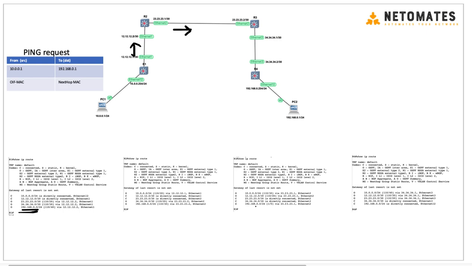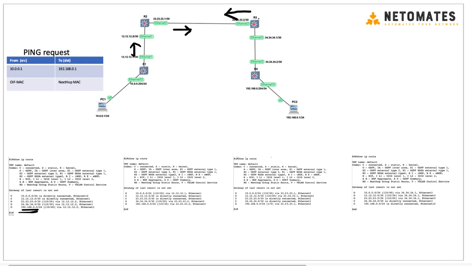To send a packet to the 192.168.0.0/24 network, it needs to send it to 23.23.23.1 via Ethernet 2. 23.23.23.1 is actually R2, so it will try to send the packet there. This is where I made a change to the routing table on R3. The actual route should be pointing towards R4, 34.34.34.2, but I intentionally made this wrong routing change.